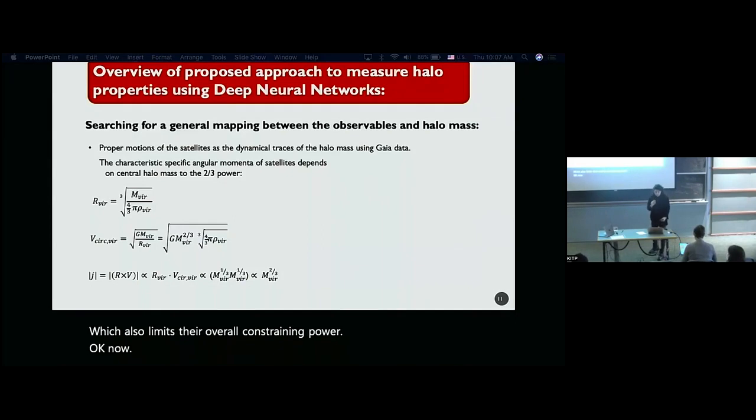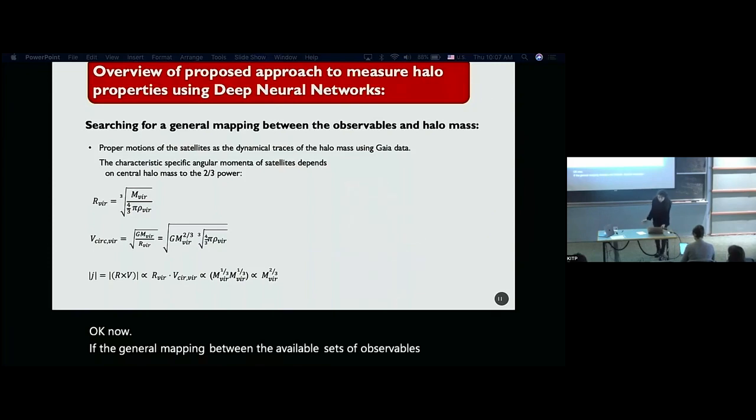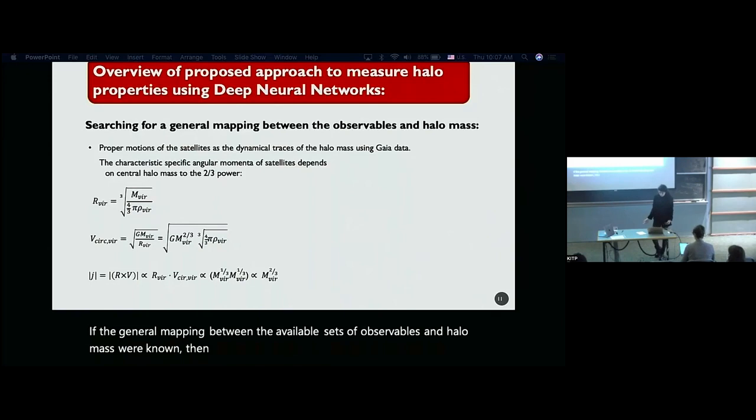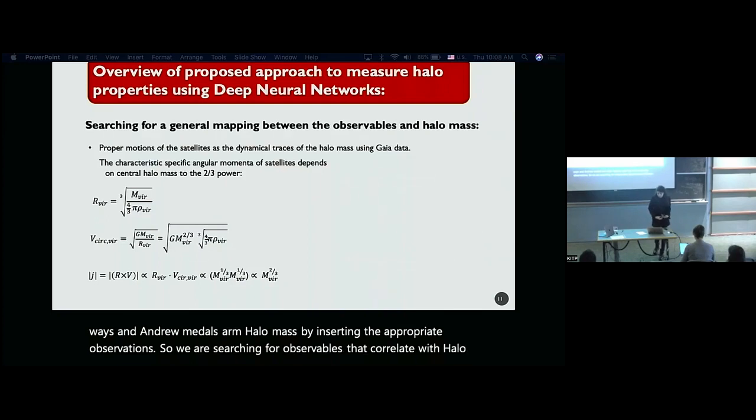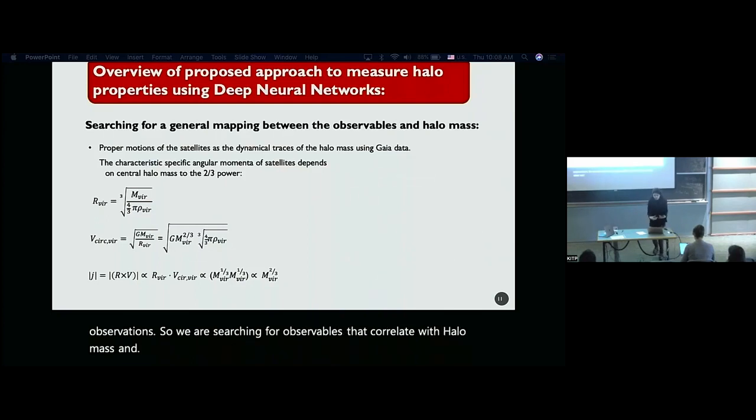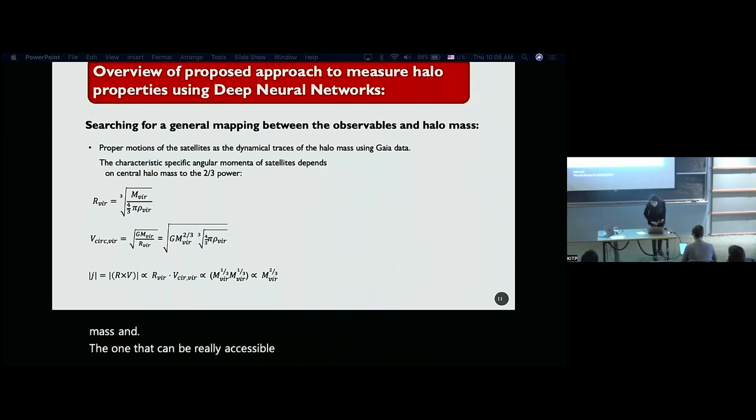If the general mapping between the available sets of observables and halo mass were known, then it would be straightforward to determine the Milky Way's and Andromeda's halo mass by inserting the appropriate observations. So we are searching for observables that correlate with halo mass, and the one that can be really accessible are the motions of the satellites.